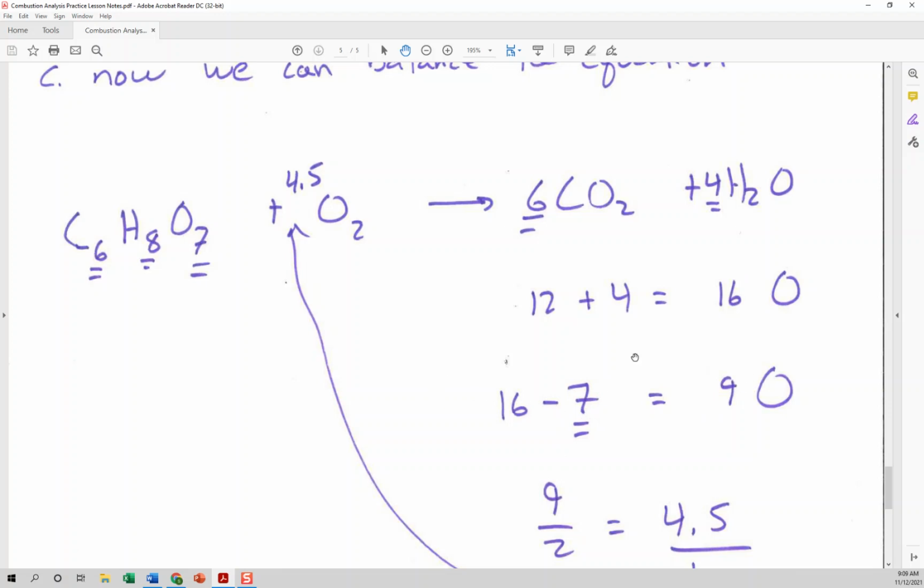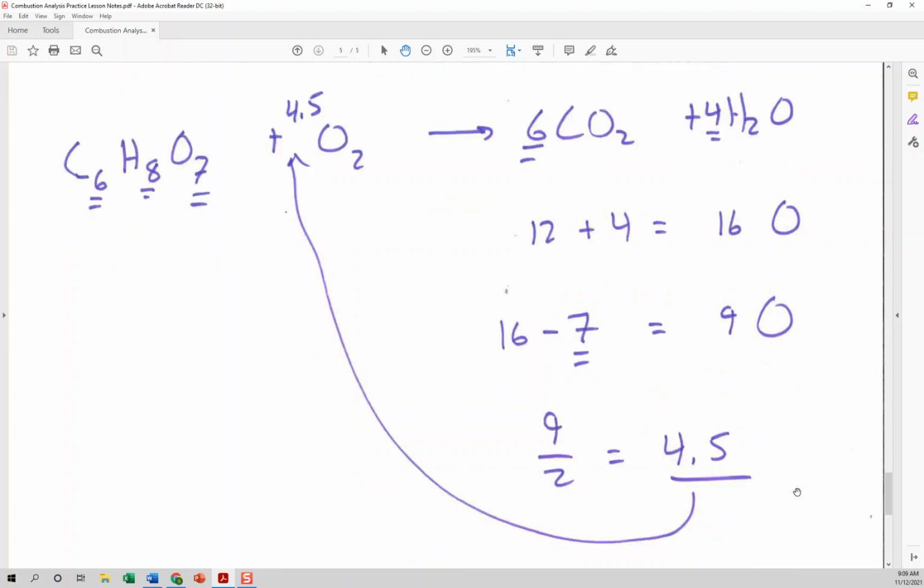So 7 of the 16 oxygens are coming from the citric acid, and that means 9 of the oxygens have to come from the O2. Because that's O2, we take our 9 and divide it by 2. If we put a 4.5 here, that's 4.5 times 2, which gives us 9, plus 7, that's 16, and that matches the 16 oxygens over here. So we got 1, 4.5, 6, and 4.